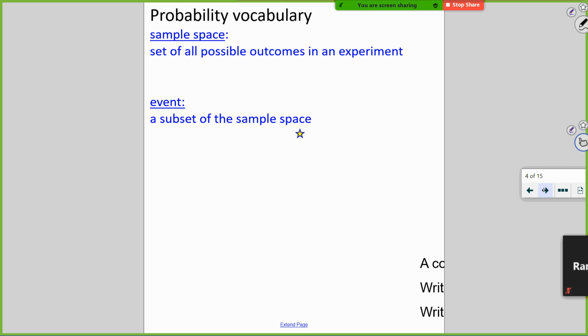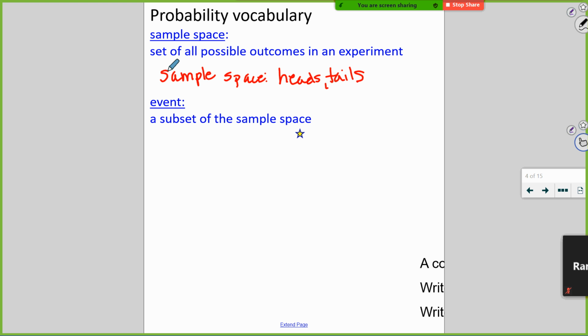So now some other words that you need to know. Sample space. Sample space is all the possible outcomes that can happen in an experiment. So for our flip of the coin, the sample space would be our 2 options, heads and tails.